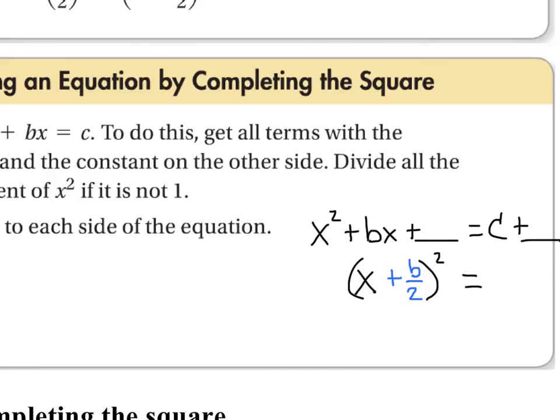And then as far as the blank at the top, you're always going to take b divided by 2 and square it. Okay? So that is how this is always going to be set up. And then, of course, you have to add up those two numbers to get whatever number or constant is going to go there, which you can then solve by taking square roots.